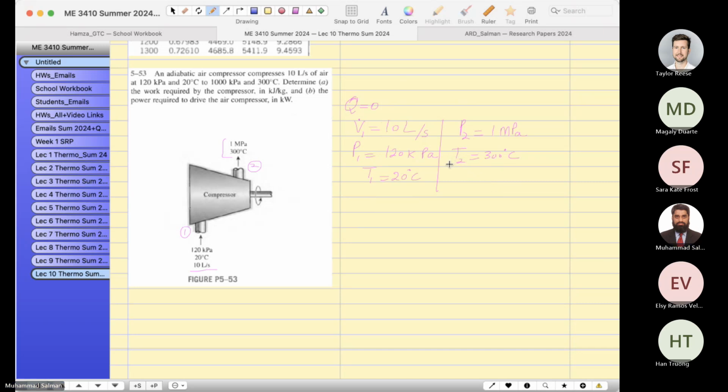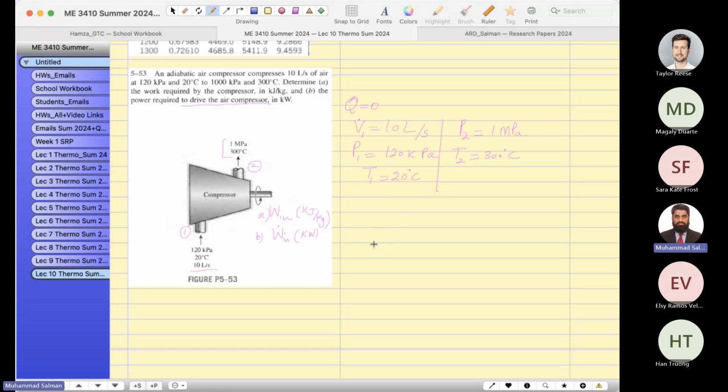Find the work required by the compressor in terms of kilojoules per kilogram. The power required by the compressor in terms of kilowatts. This is part A, this is part B.